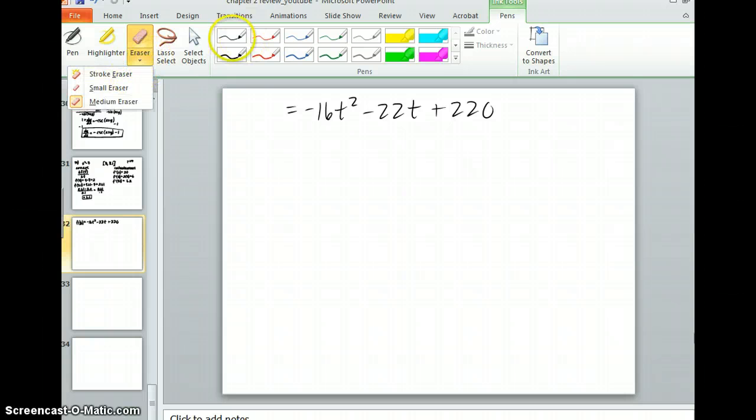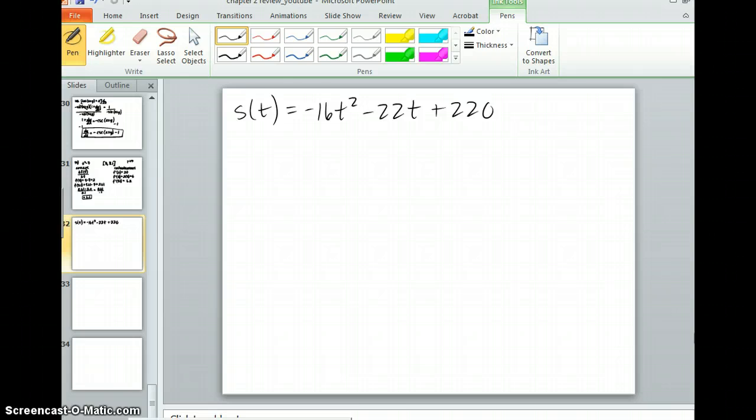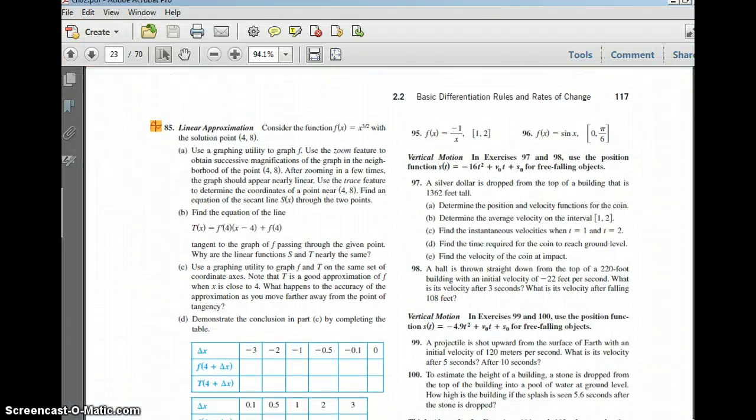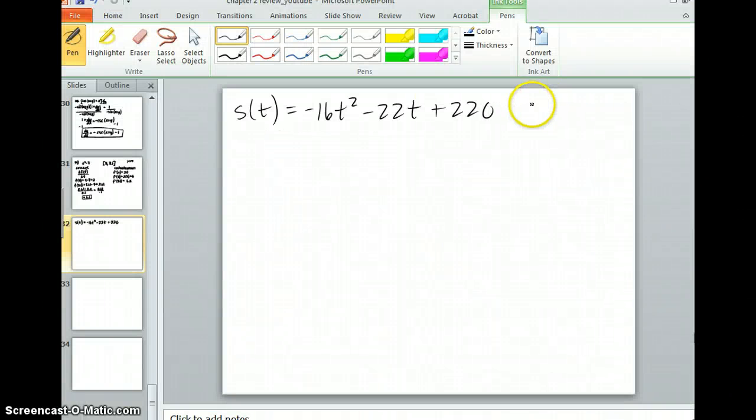And so that's the position. And what page are we on here? Page 117, number 98 is the problem that we're using.